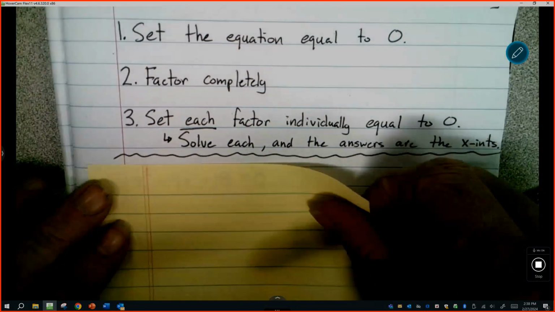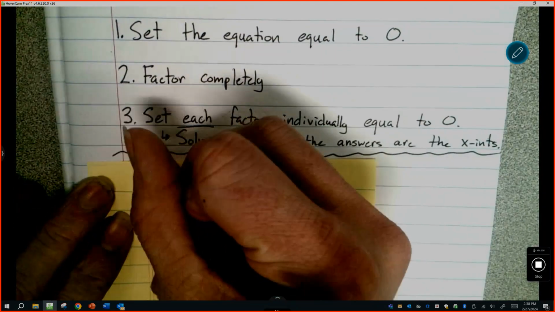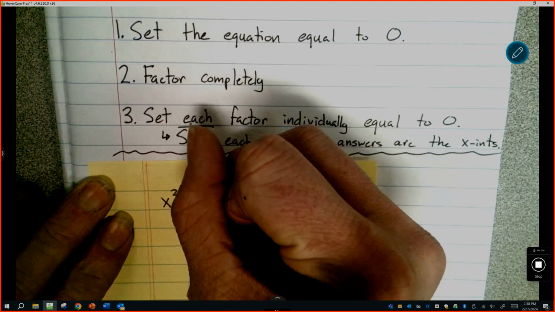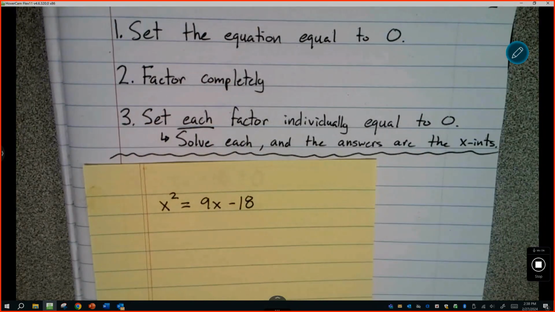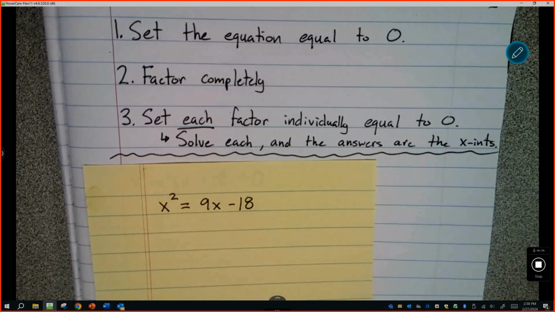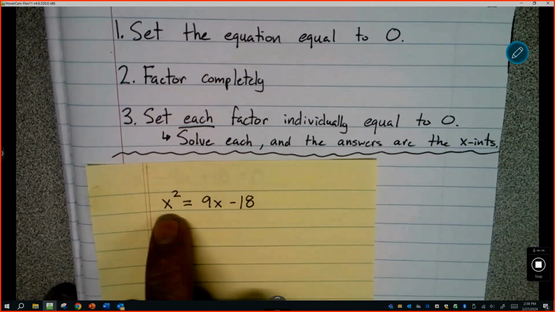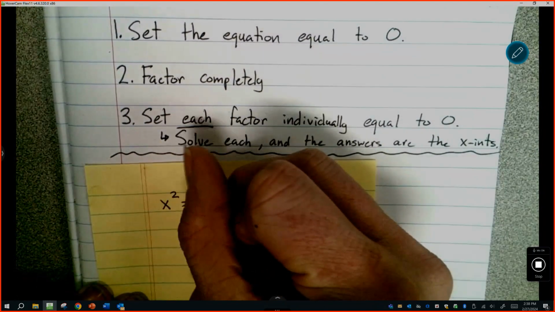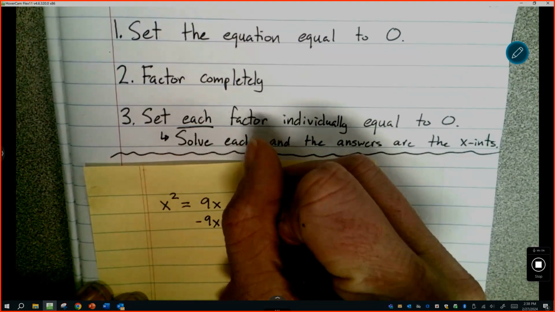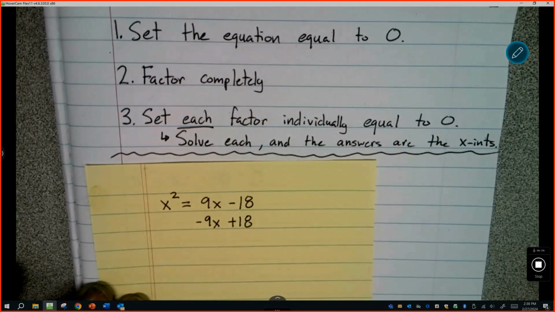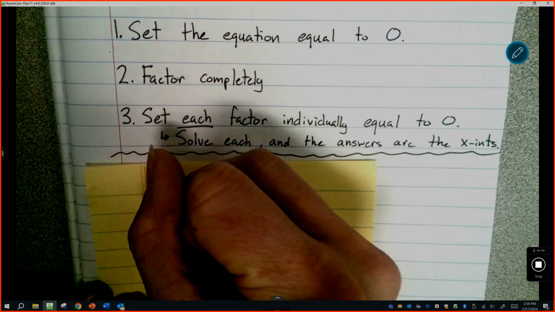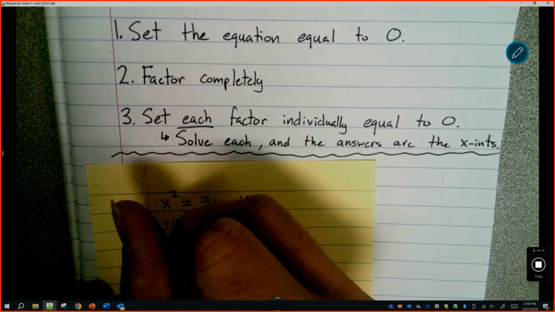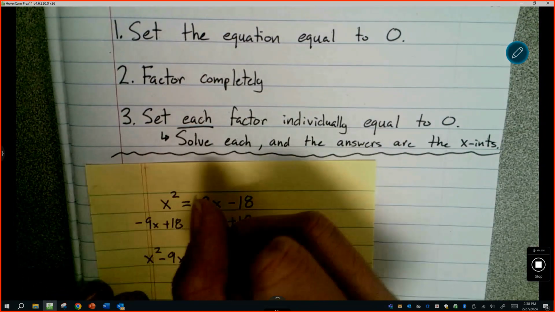Sometimes, just as a quick aside, they're going to give you ones that look like this, or they're not going to be already written in standard form, ready for you to solve. What you'd have to do here is subtract everything on the right side, or do the inverse operations on everything on the right side to move it to the other side. So I'm going to do the opposites, and then I'm back to where I started with on this problem.